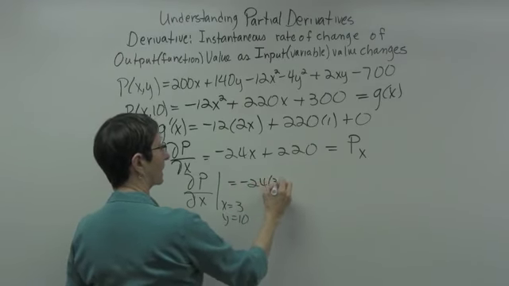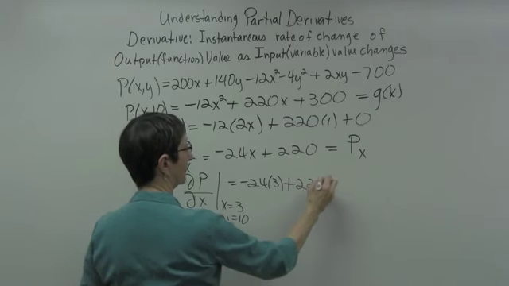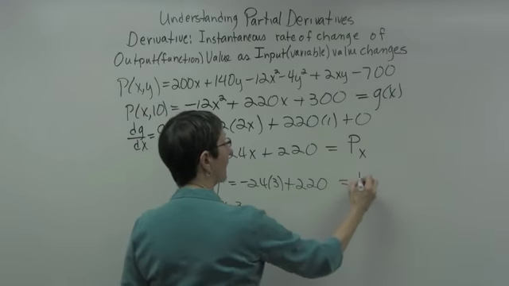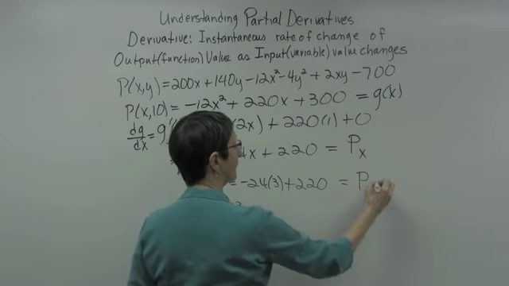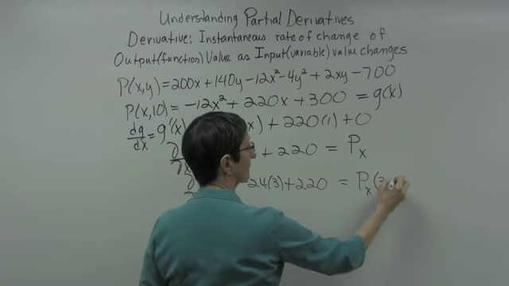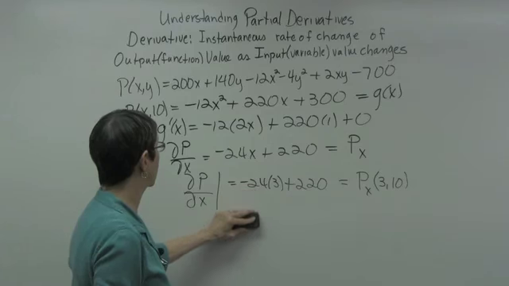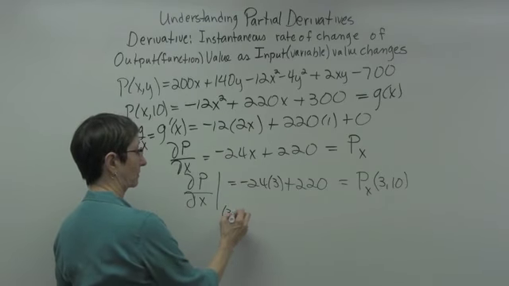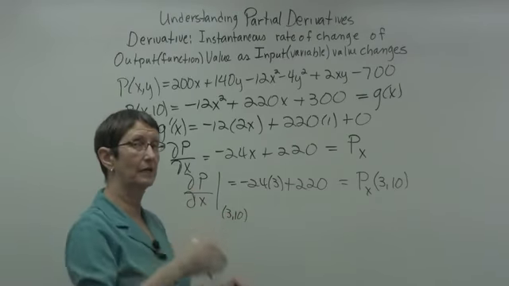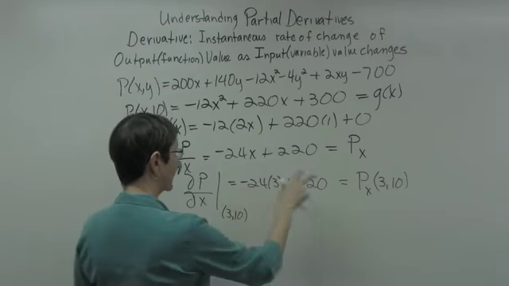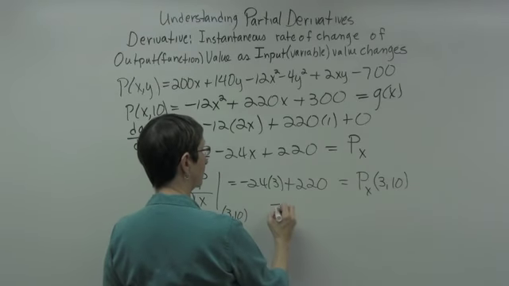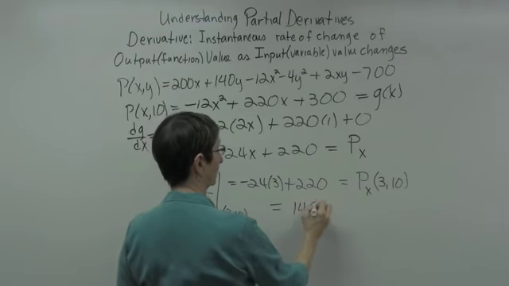Negative 24 times 3 plus 220. And I can also write that the partial of p with respect to x at the point (3, 10). And down here, instead of this notation, I could also just put the point down there, (3, 10). There are various notations you'll see. Plug that in, and I have found out that the value that I get is 148.